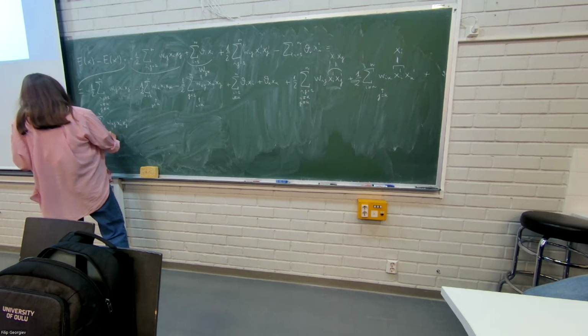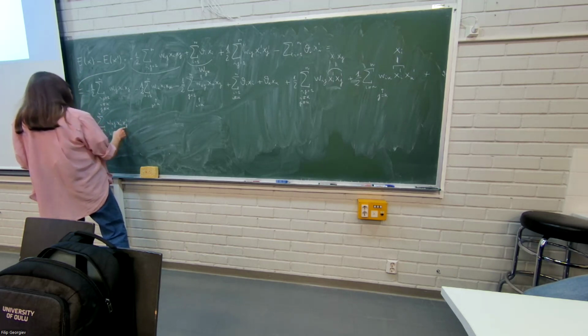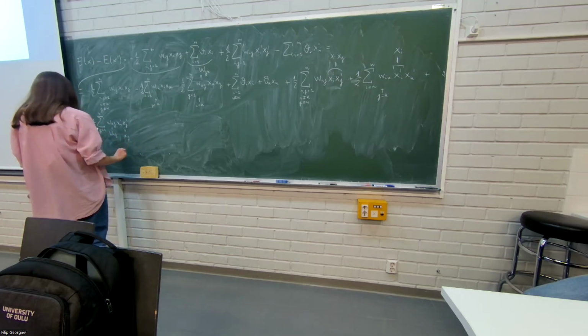This is equal to wjk by symmetry, and this is equal to xj.